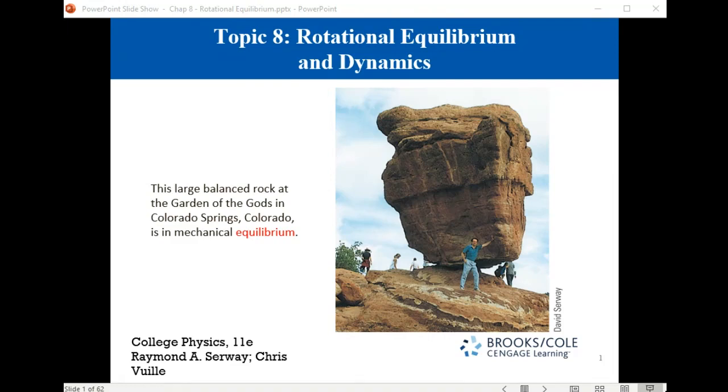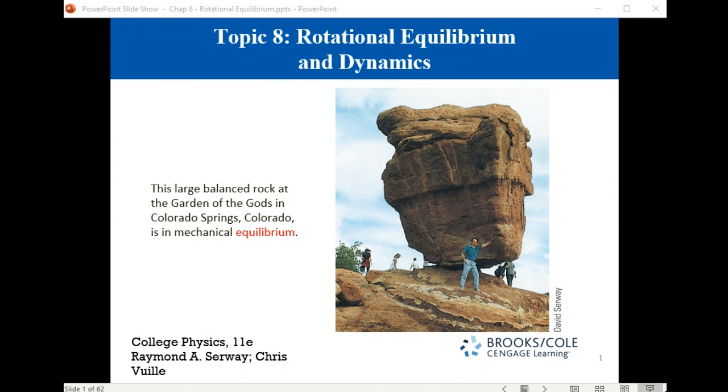In this lecture, we are going to review Chapter 8, which is about rotational equilibrium and dynamics. Just like we did for translational motion, where we started with the kinematics, studying the motion regardless of the cause, then added dynamics, and the cause for translational motion is the force.